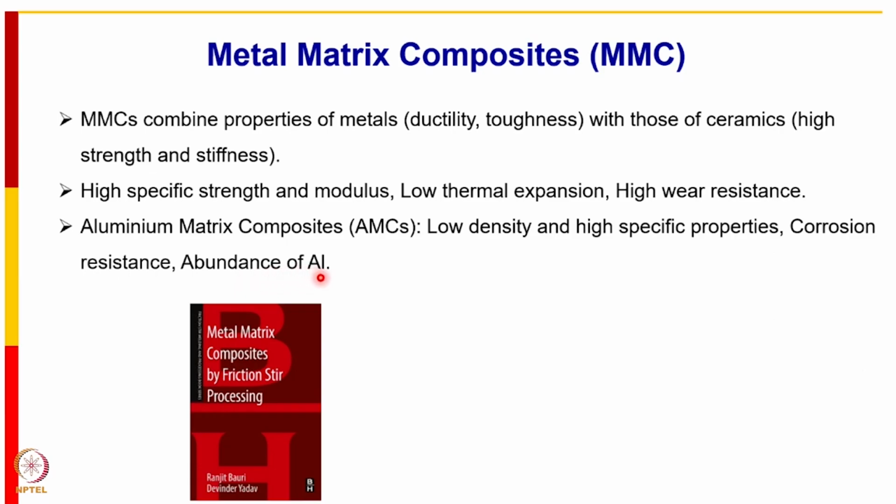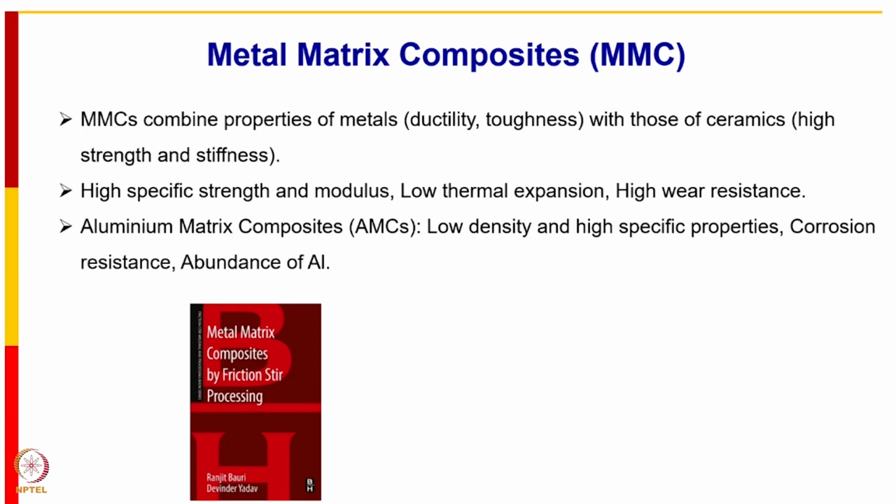So therefore, availability of the raw material is not a concern for making such composite materials. So we are going to talk about all the details of aluminium based metal matrix composites, as I said in the beginning, starting from the processing of such materials and going all the way to their properties.